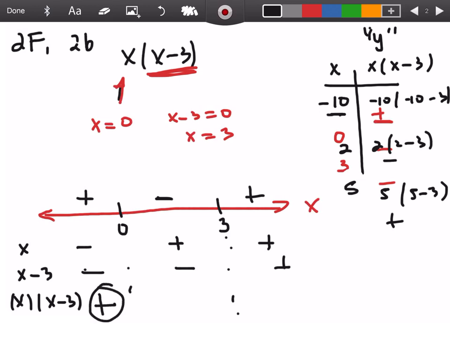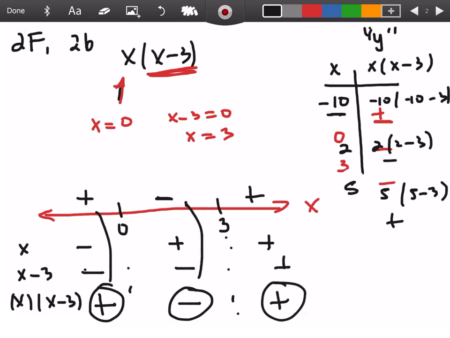Positive times a negative is a negative, which we already got. And positive times a positive is a positive. So if you want to be very careful, you could write each row out for each factor, and then figure out what the overall product is when you multiply the two together. Or some of them you can just do in your head. Hopefully that helps with that first one and gives you an overview.